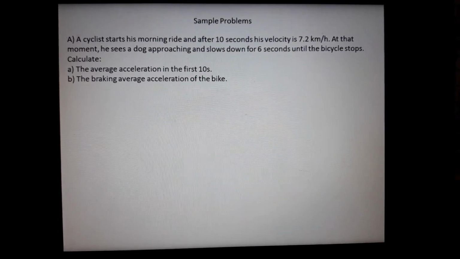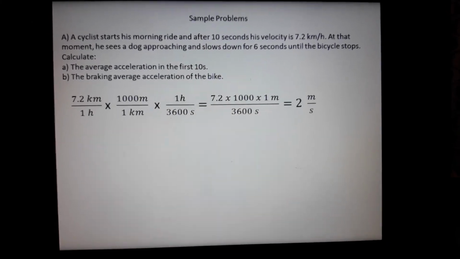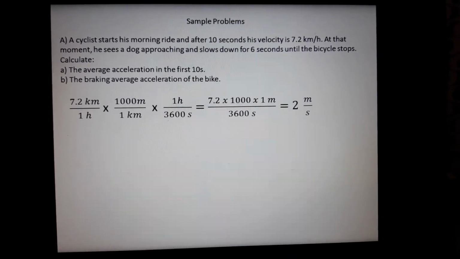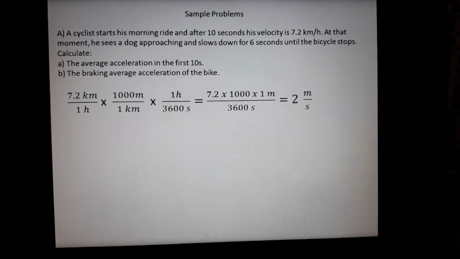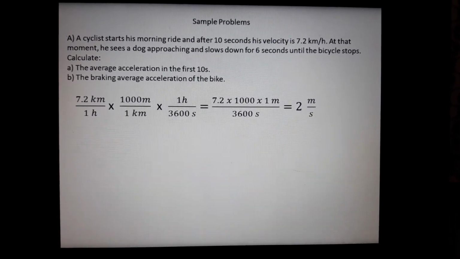In the first 10 seconds, we need to change the velocity to meters per second because we have time in seconds here. So we will use a method called chain link conversion.